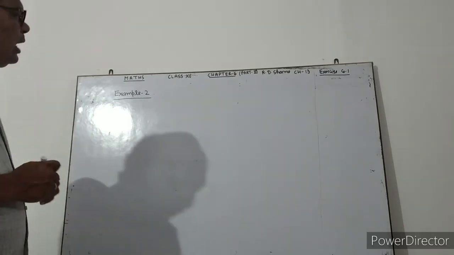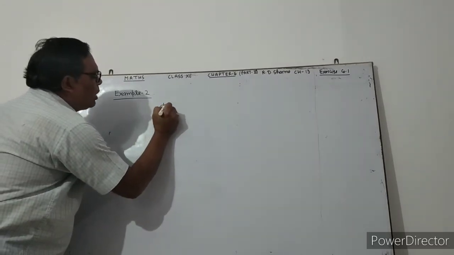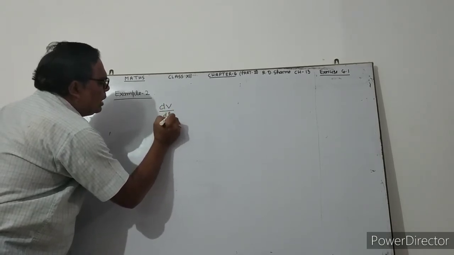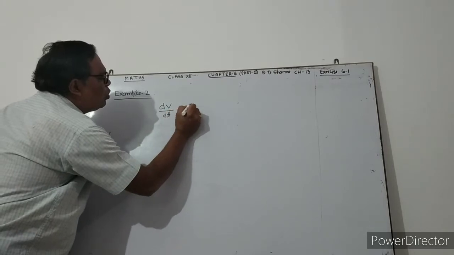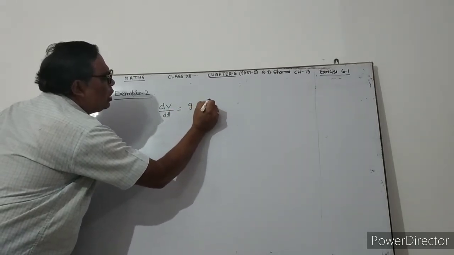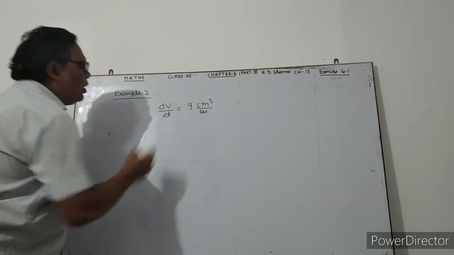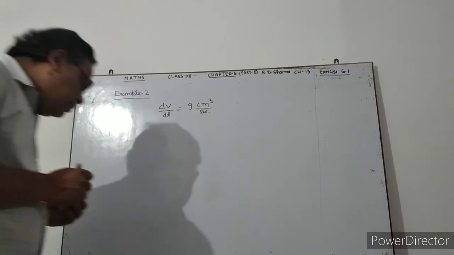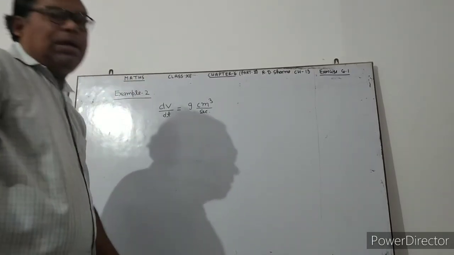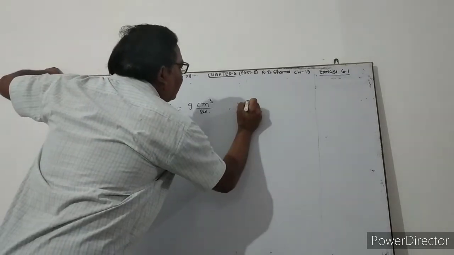This means it is given the volume of the cube, dV upon dt equal to 9 centimeter cube per second. And how fast is the surface area increasing? What is the question?